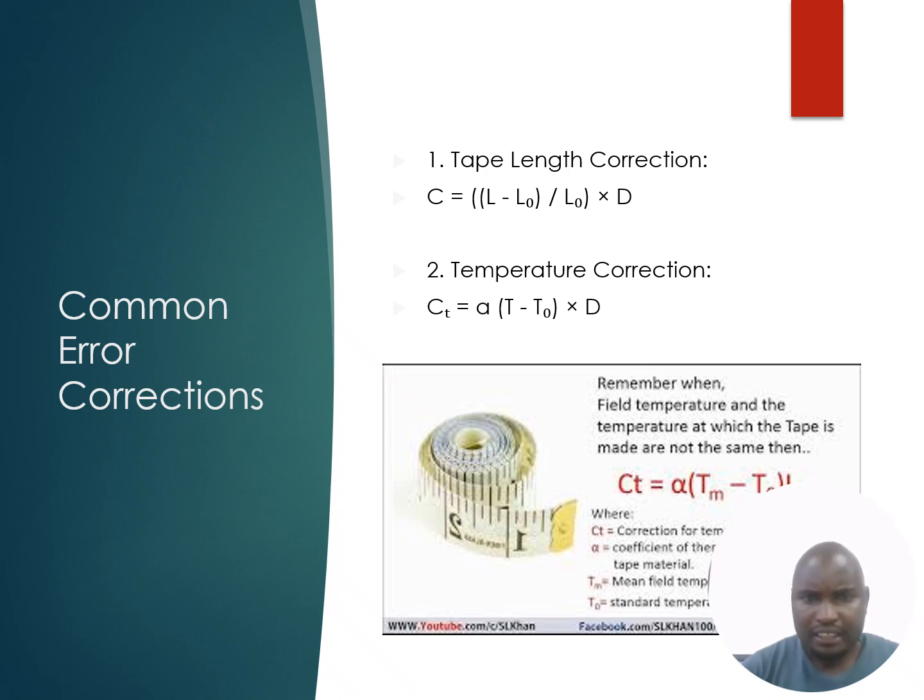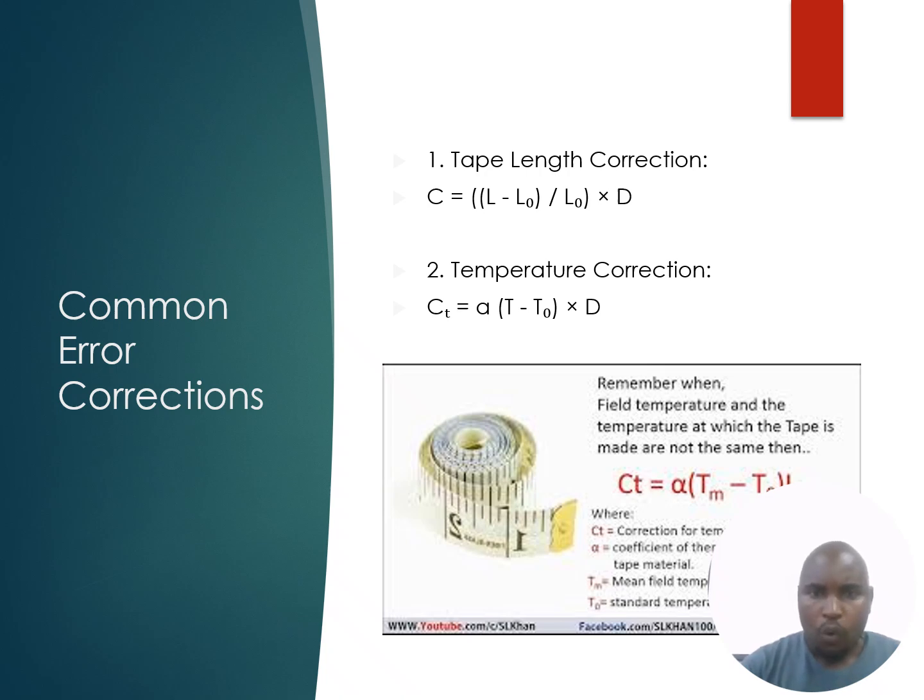If you check the tape, there are errors here. The temperature at which the tape is used and the temperature at which the tape is made are not the same. Sometimes the tape is not adjusted, and at the front it has loose parts.